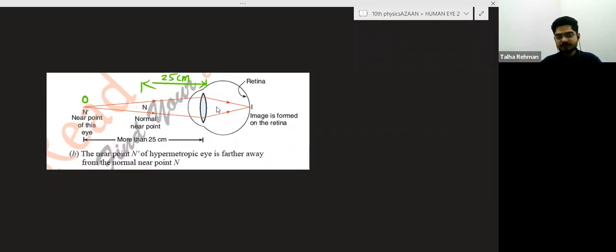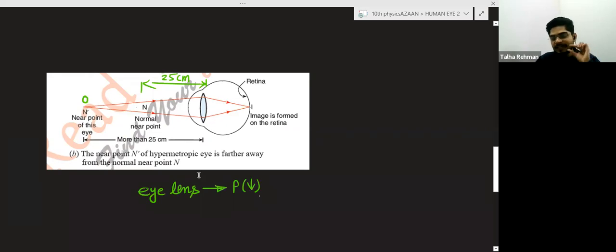What is the correction then? You can think about the correction by yourself. This eye lens, due to the long focal length, has low converging power. So basically, you have to somehow increase the converging power.